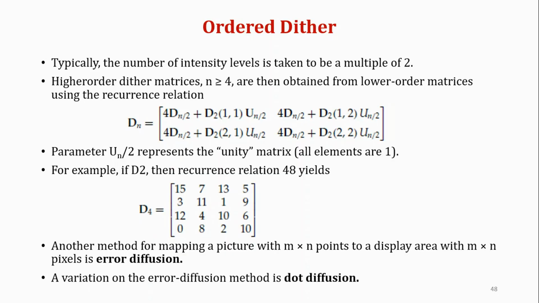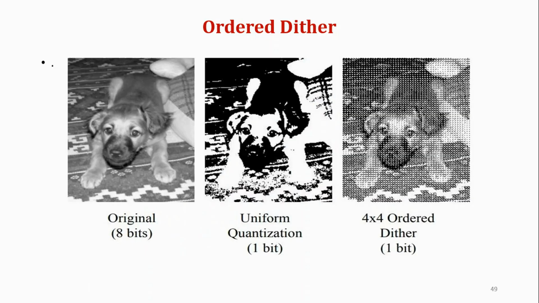So these are various ways to quantize the error and round off or nullify the error with the surrounding pixels. So this is the ordered dither, 8-bit original image. The first one is the original image, then only 1-bit quantization, and the 4 cross 4 ordered dither image.